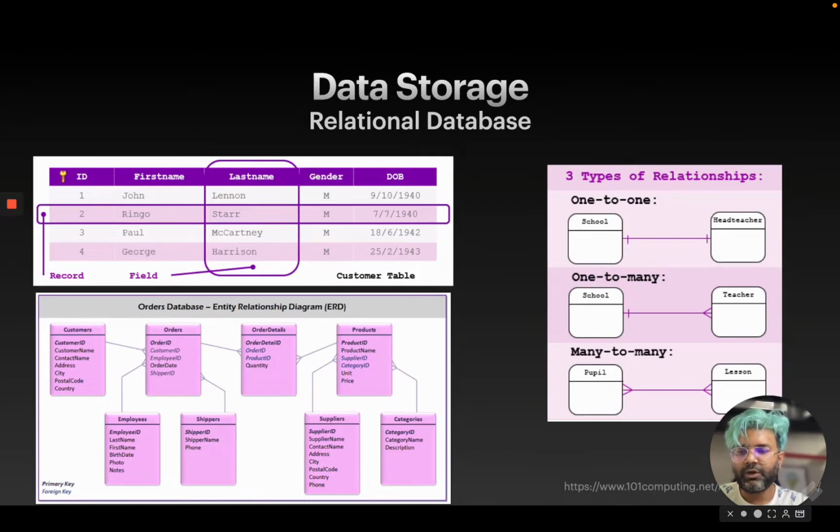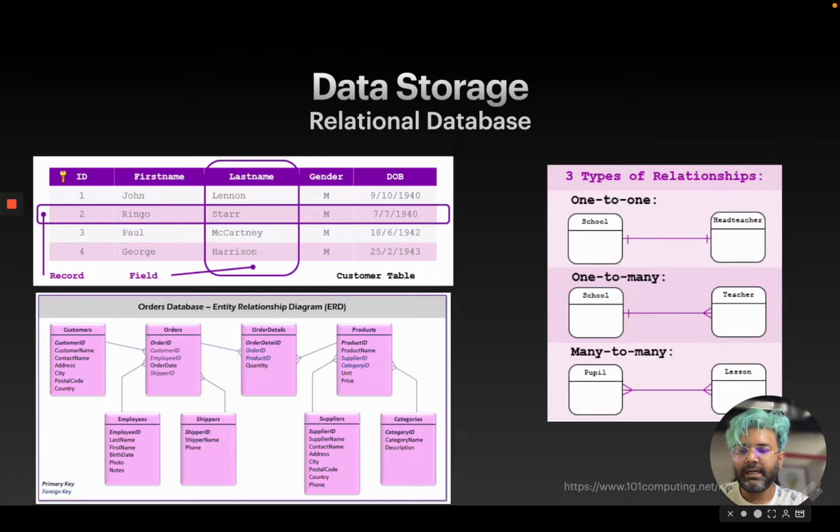If you look at the orders table, the order ID is the primary key for the orders table, and then there are other details, for example, customer ID, employee ID, and so on and so forth. Now the customer ID in this case is going to be a foreign key. What this means is that this customer ID will be referenced using the customers table in order to fetch the customer information.